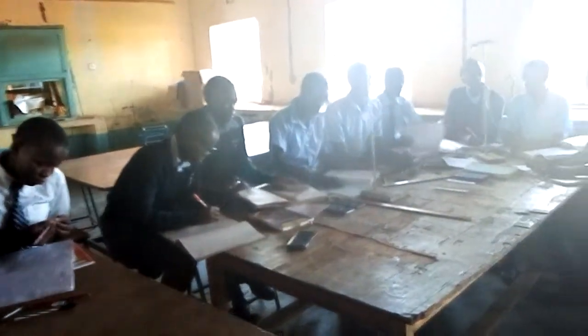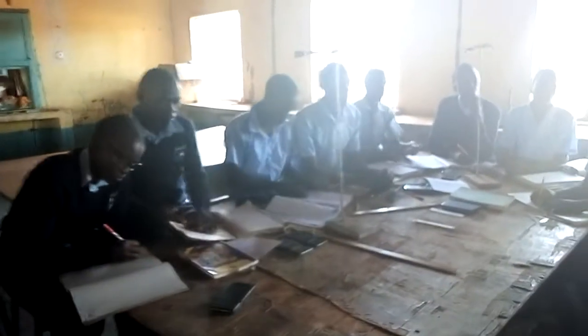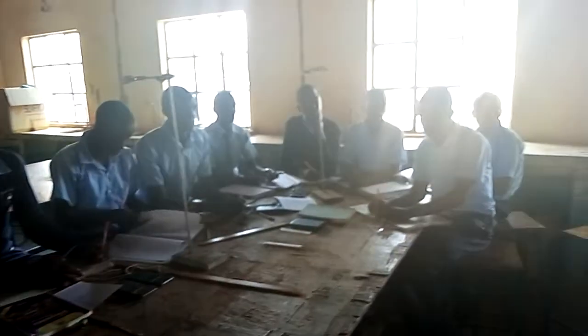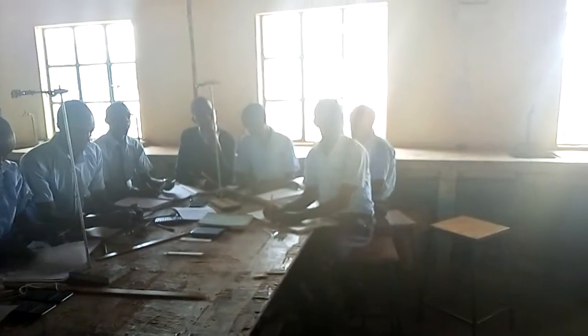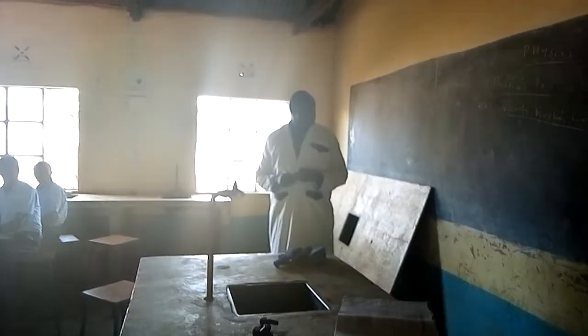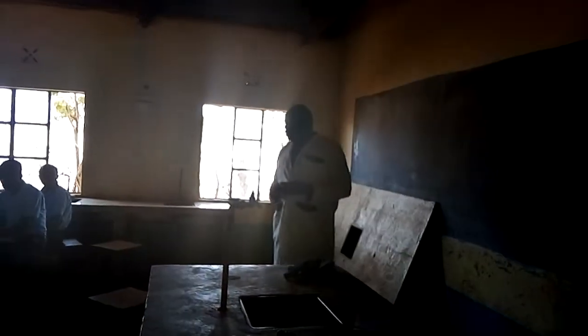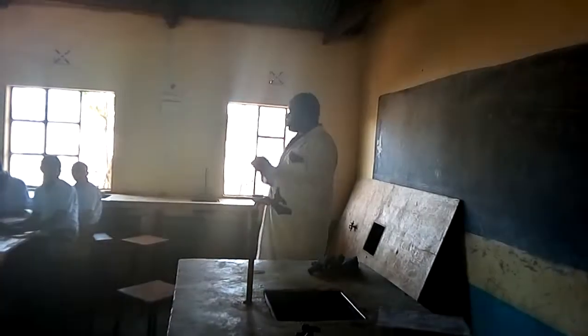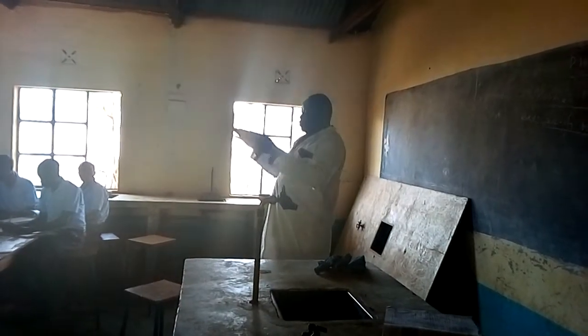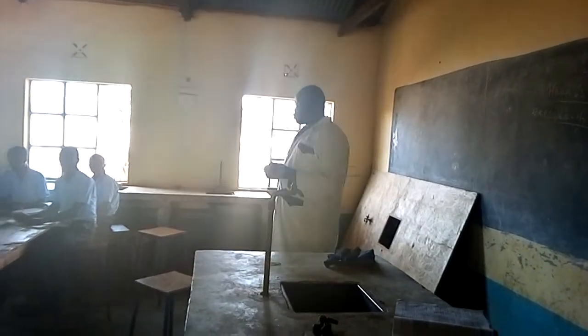You may require the spring, a stand, a meter rule, and the masses. As we are going to do it, I've given you a sheet which you will follow to carry out the process of Hooke's law.